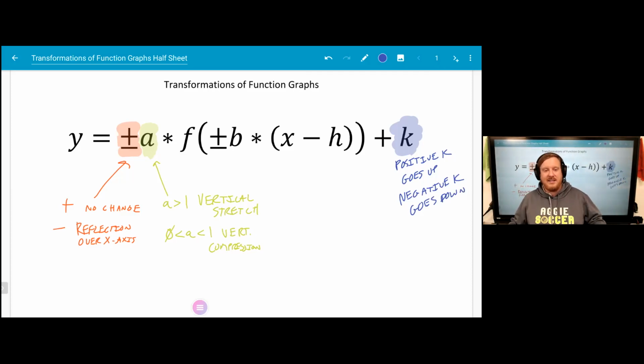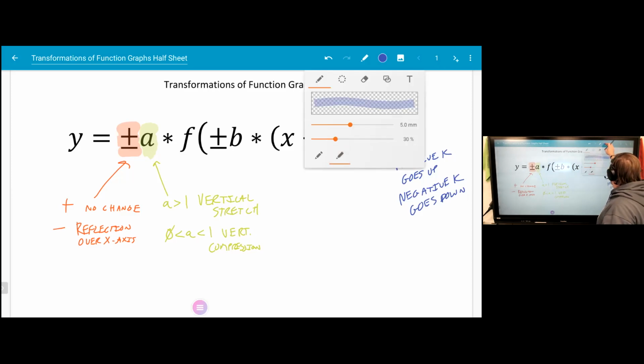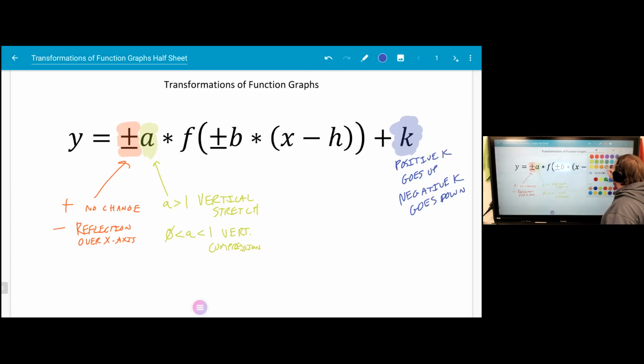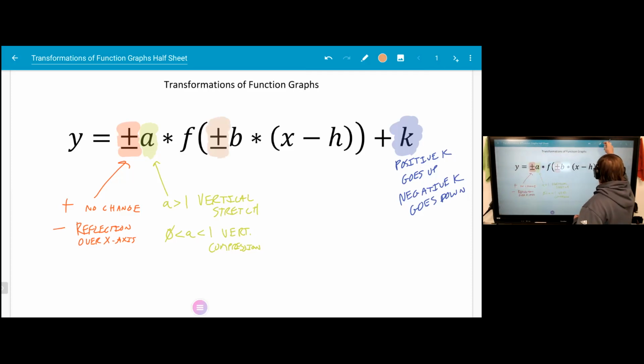Now let's take care of the horizontal. Horizontal happens inside of the function. If this value right here, that's a reflection again. It's going to determine if it's a reflection over the x-axis or not.